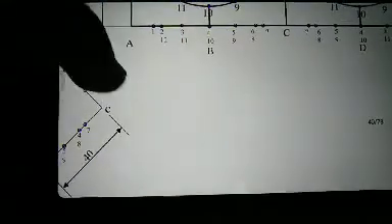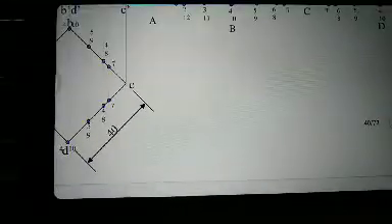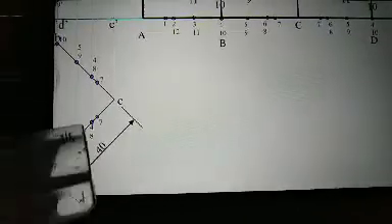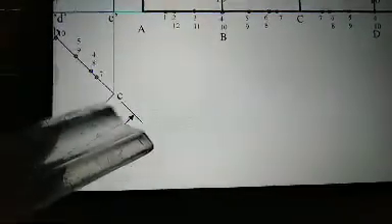Next, as we go towards CD, CD is the next edge. From C you will get point 7 first on CD. First point is 7, second point is 68, next is 59, then is D. Now from CD, measure distance equal to C to 7, mark this C to 7.